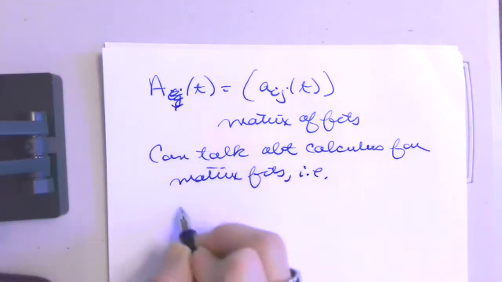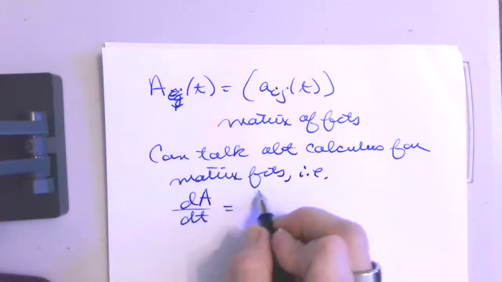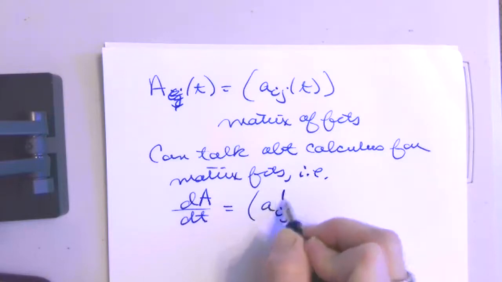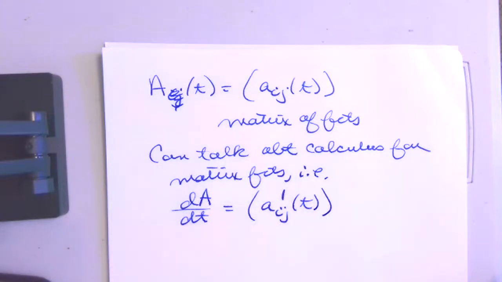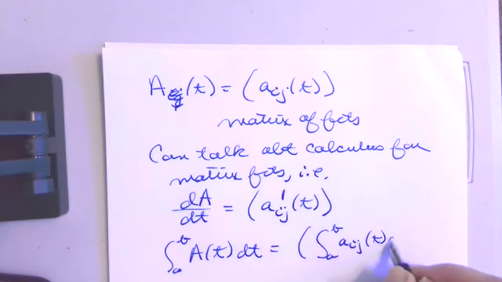That is to say, we can say, what is the derivative of the matrix function A with respect to t? And what we mean by that is you differentiate every function inside. Okay. You can say, what's the integral from a to b of A(t) dt, where A is a matrix function? And what you mean by that is you integrate term by term inside each matrix component, okay?